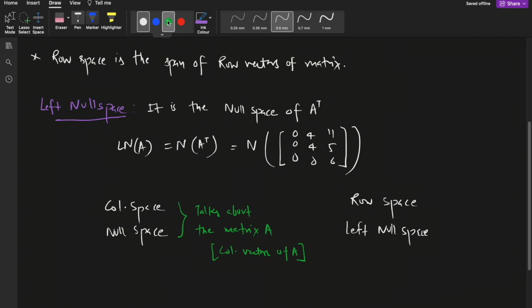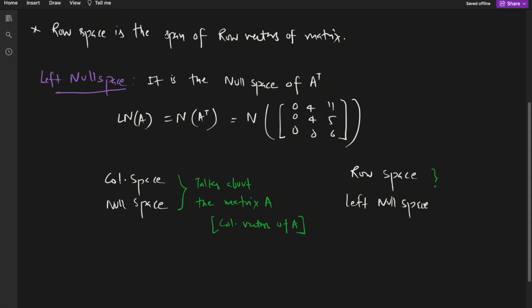These two talk about the matrix A transpose, or we can say the row vectors of A. So what the column space gives you about A, the row space gives you about the same matrix, but its transpose version, A transpose. The same goes for the null space and left null space.